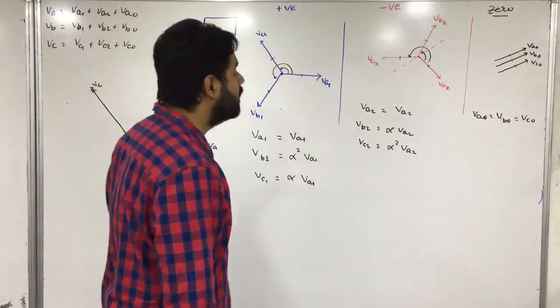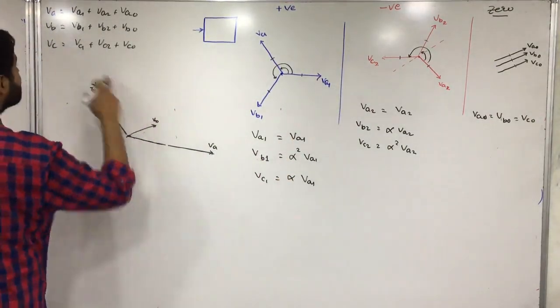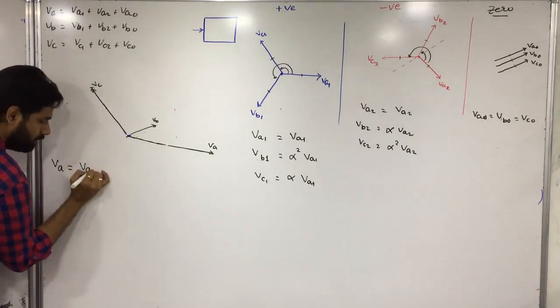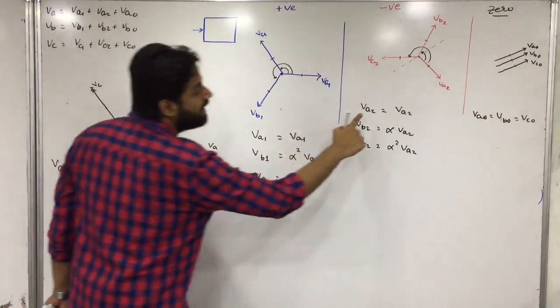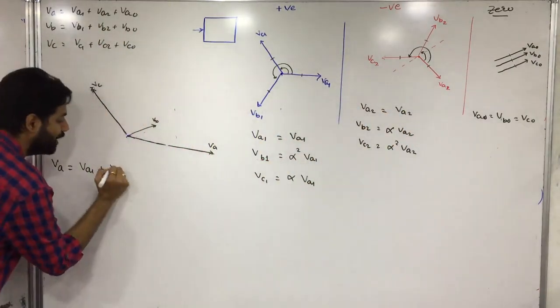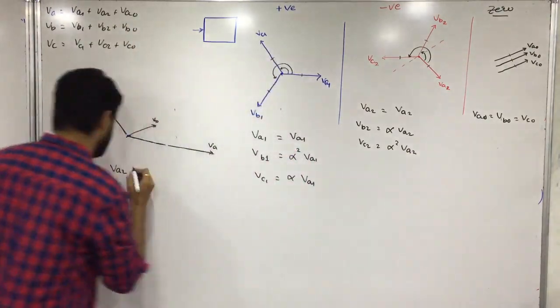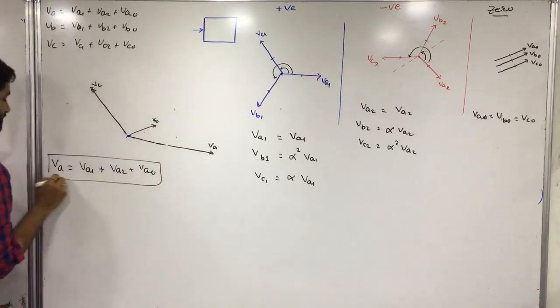Fine. After this, I'll put all these values into the given equations. Let's write down the first equation. VA is equal to VA1 plus VA2 plus VA0. I have got my first equation.